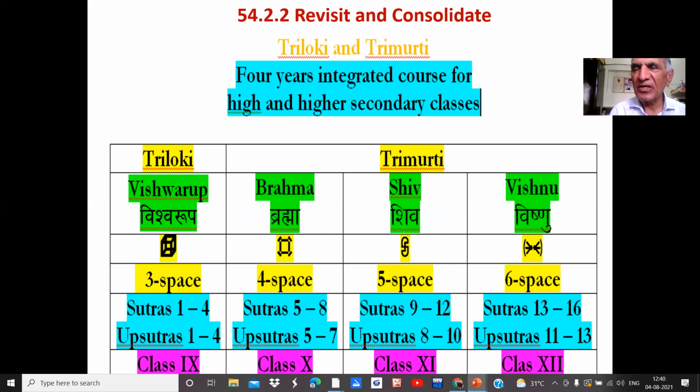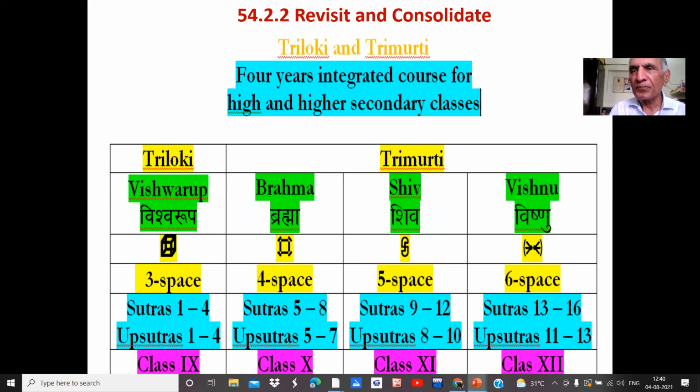Class 11 is to focus upon 5 space. It is transcendental space. It is space presided by the 5-head Lord Shiv. It is all about 5 space, and the other base values are Sutras 9 to 12 and Upsutras 8 to 10.